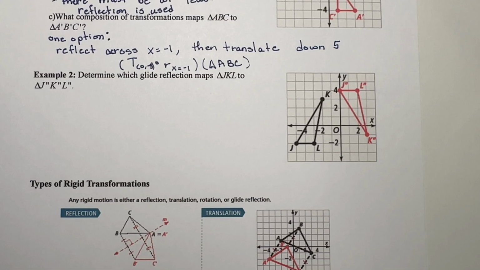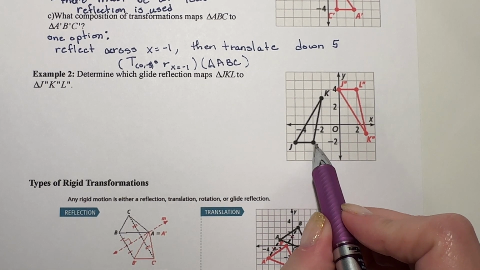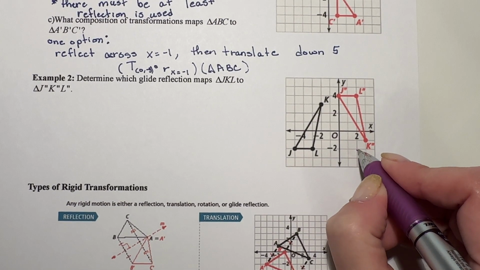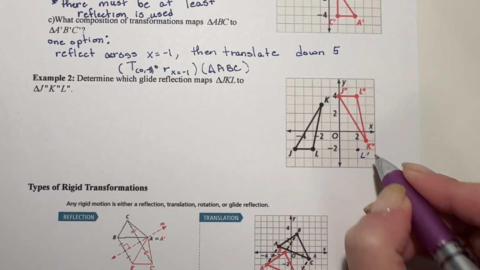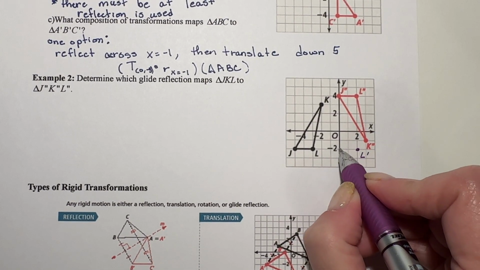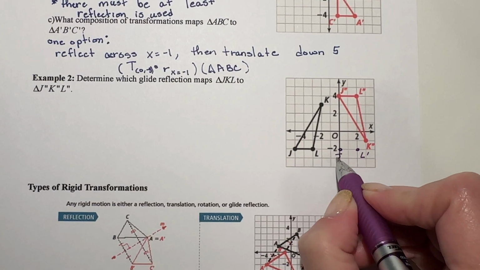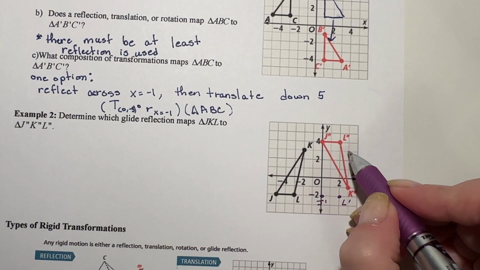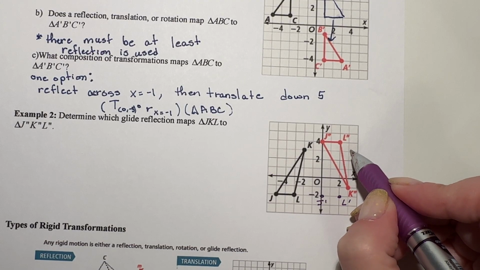Okay, so I'm going to assume at this point that you have tried it out. If you wanted to follow the book's tip, which is do the translation first, I would move my letters over to here. So my L prime would be there, my J prime would be here, and my K prime would be just over here.